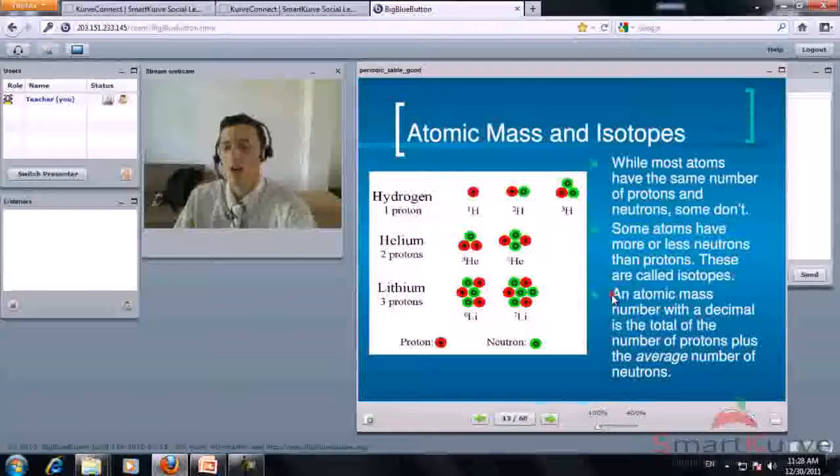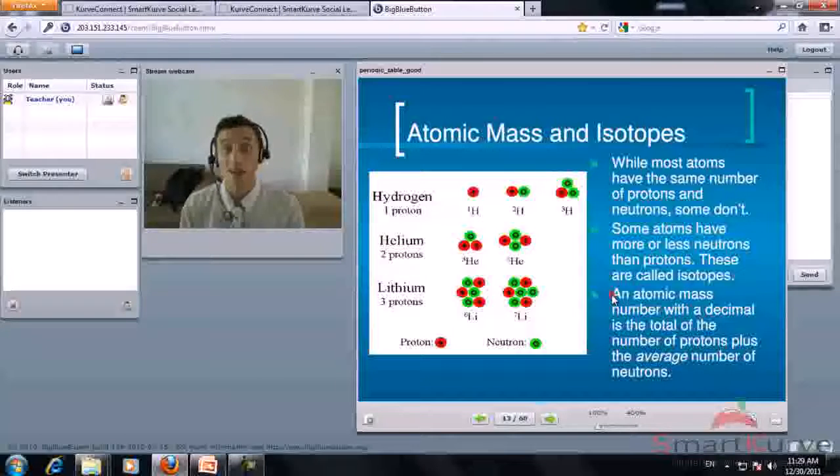And I want to look at the last point. An atomic mass number with a decimal. Remember, our atomic mass for hydrogen was a decimal. It was like 1.000794. That's the total number of protons plus the average number of neutrons.